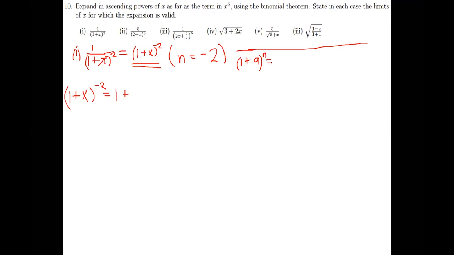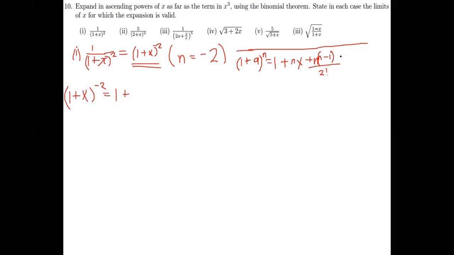So the way you deal with such questions, the extension formula is in such a way that the first term is 1 here, and then the second term here is nx, and then the third term there is n minus 1 in brackets, and then there's n outside this side, and then everything over 2 factorial.